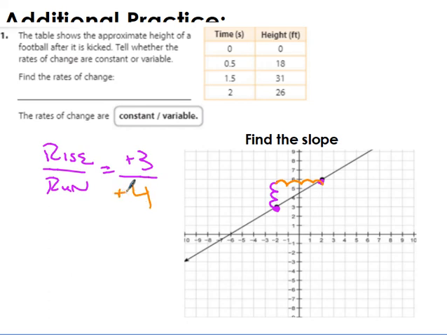So that means my slope for this line is positive 3/4. That's the change in y over the change in x. And we know it's a positive slope because if I trace this line from left to right, my pencil is going up. So therefore, it's a positive slope. It's going uphill. The rise went up 3. The run went over 4.